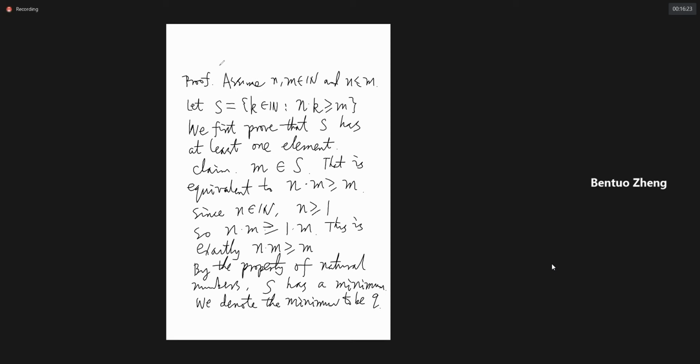Let's use P to denote the minimum, because the theorem uses the letter Q. So at this stage, we get a candidate here, P, which is the minimum of the set S.